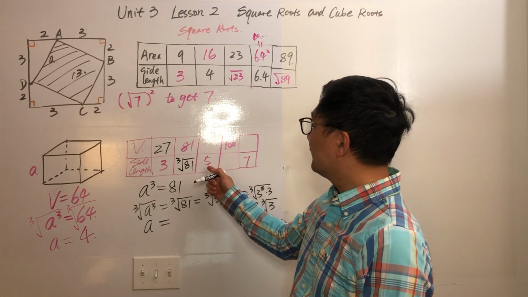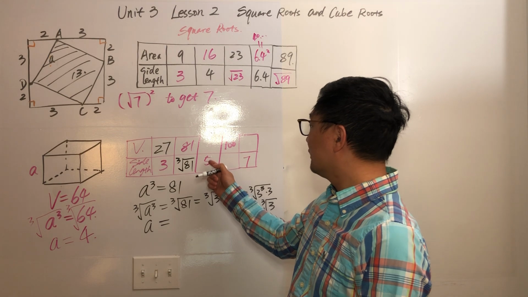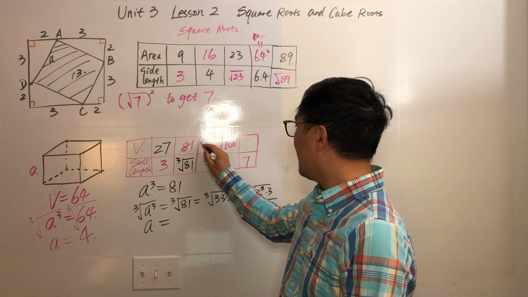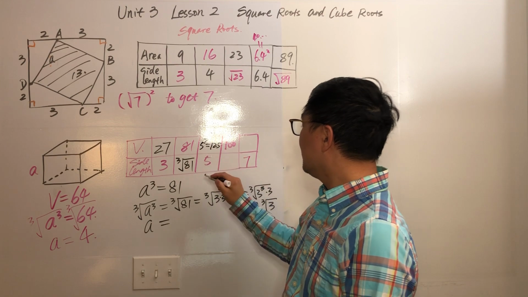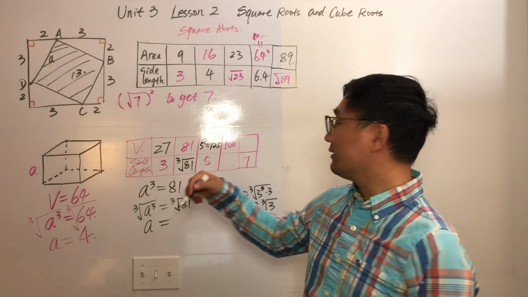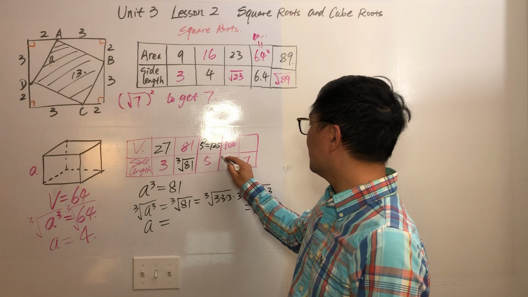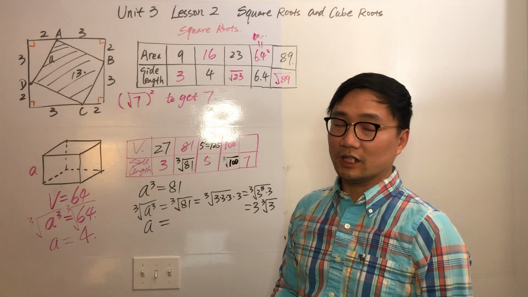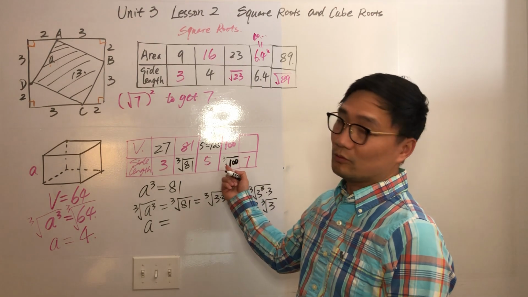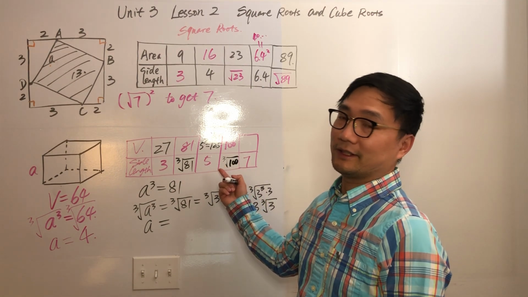Also, if the side is 5, what is the volume? That means 5 to the third power, which is 125, right? Same idea: if the volume is 100, then the side is the cube root of 100. I don't know what that number is, but you can use the calculator.